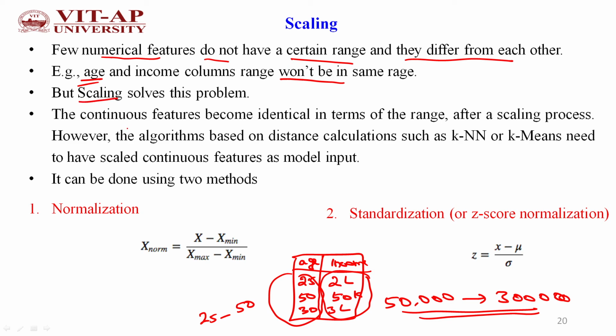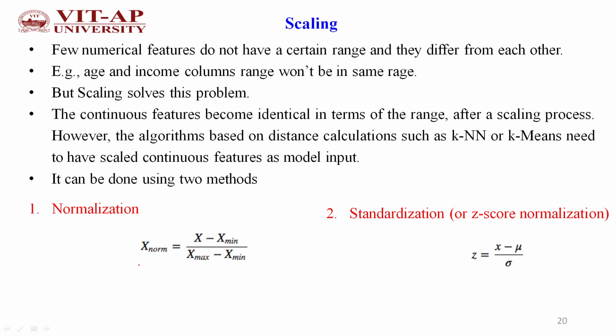The scaling approach is used to make the continuous features identical in terms of range. Algorithms based on distance calculations, such as KNN or k-means, need scaled continuous features as model input. It can be done by two methods: one is normalization and another is standardization, the z-score method.